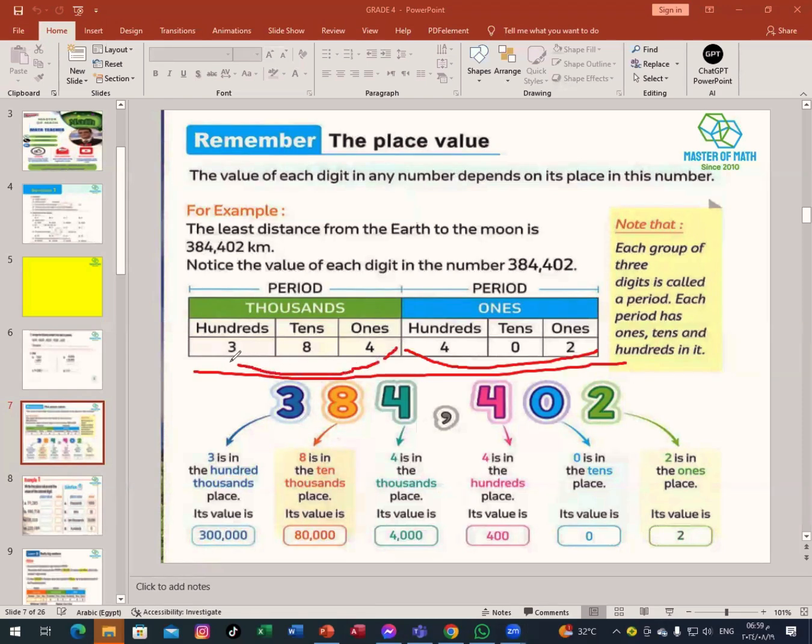And this is another period which has 4, 8, and 3. 4 acts as ones of thousands, and 8 is ten thousands, and 3 is hundred thousands. So 4 ones of thousands, 8 ten thousands, and 300,000. Let's see: ones, tens, hundreds, thousands, ten thousands, and hundred thousands. Okay?